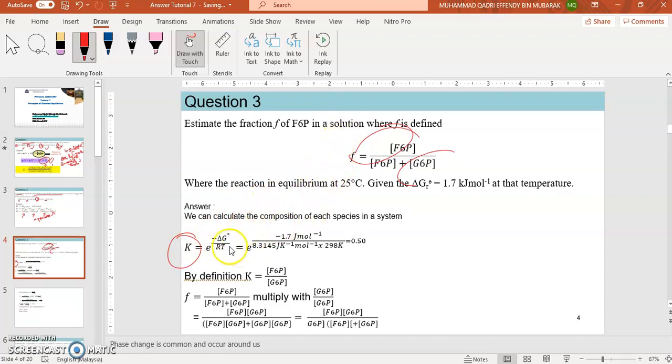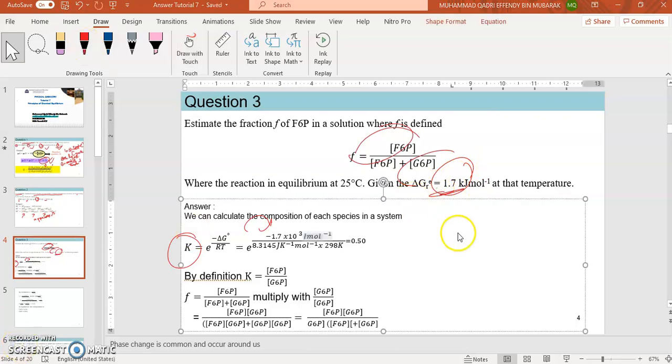constant. For the K, we have a formula, which is exponential of negative delta G naught over RT. So here what we do is we just plug in all the numbers. Now the question is in kilojoule per mole, so you need to be very careful with the unit.